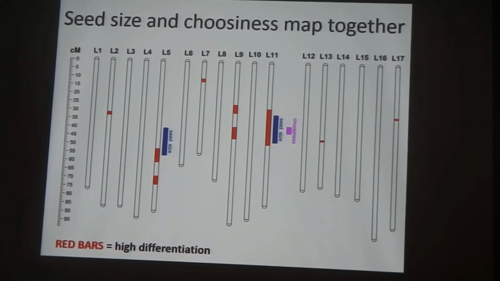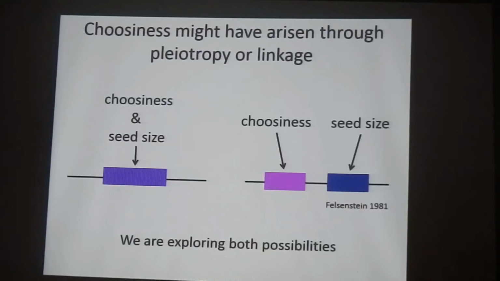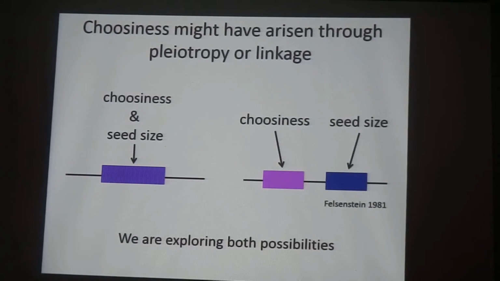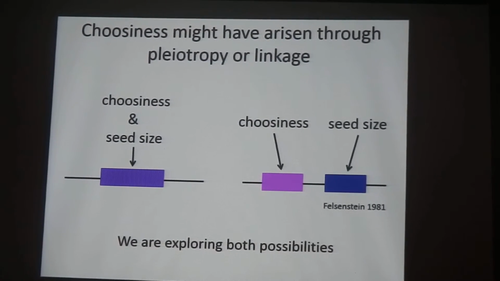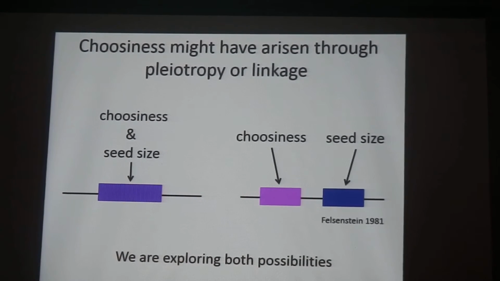That's also really interesting because it suggests that it's possible that choosiness may have arisen through a pleiotropic trait, or that basically tight genetic linkage to a trait under selection facilitated the evolution of choosiness in the system.